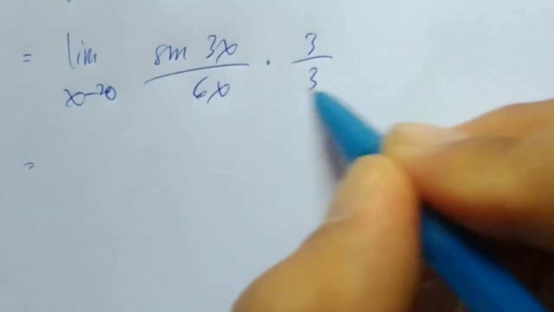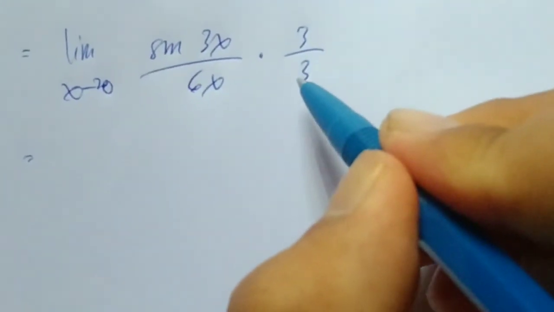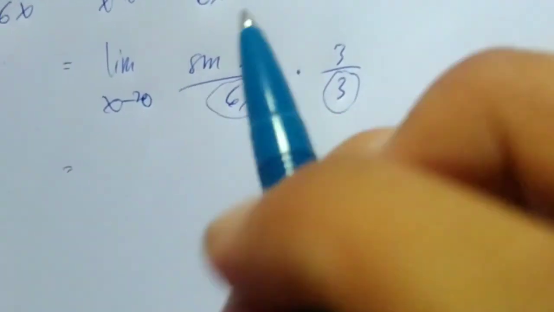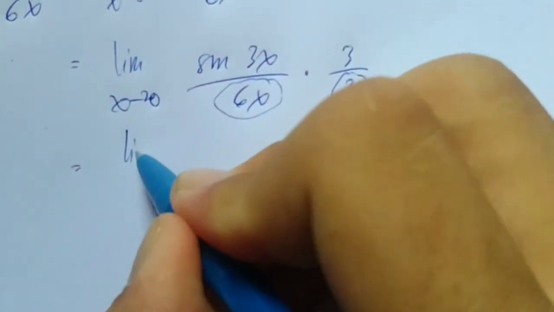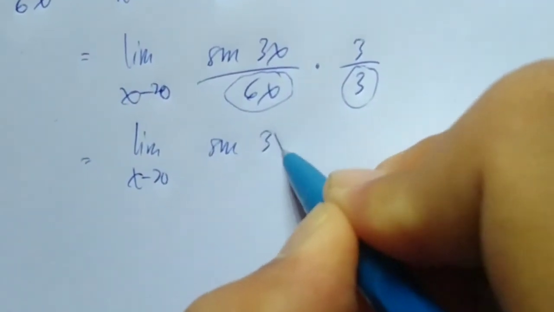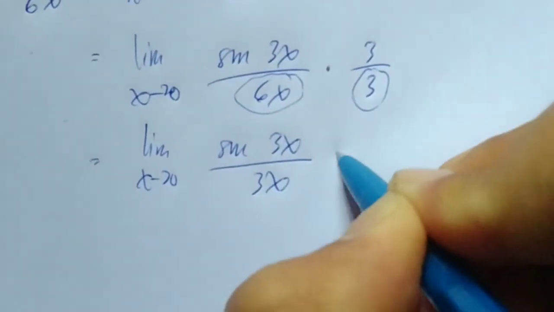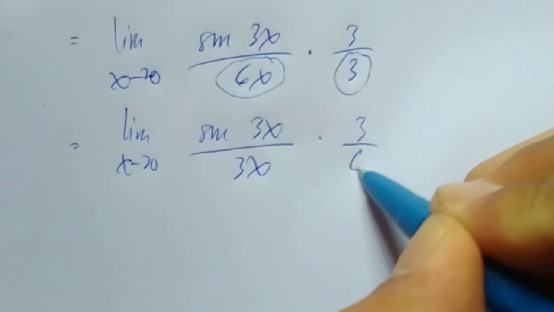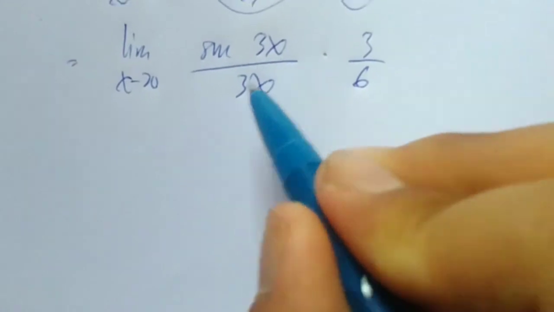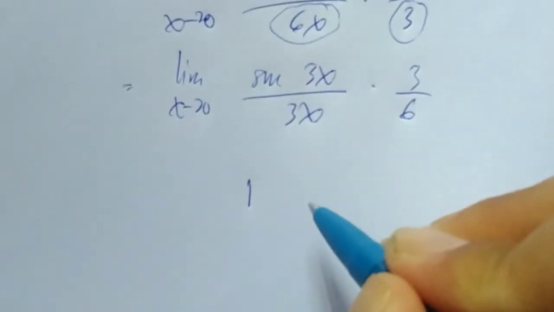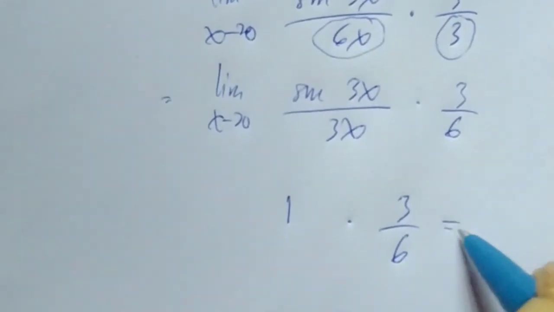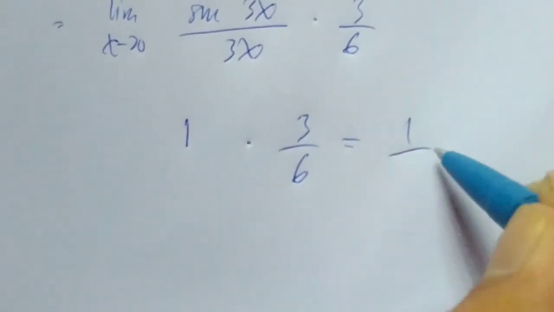After that we use the equation to change the denominator, and it will be limit x to 0 of sin 3x per 3x times 3 per 6. We know that limit x to 0 of sin 3x per 3x is equal to 1, and 3 per 6, so the result is 1 per 2.